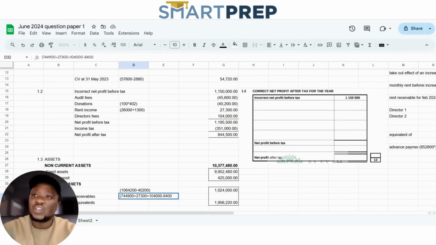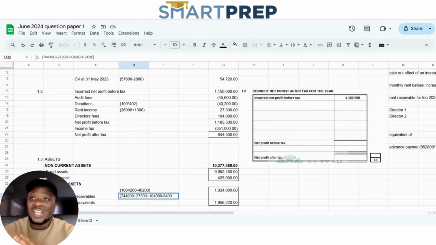So the entries involved here are: debit creditors control. When you debit creditors control, it means your creditors are decreasing. And credit debtors control. Debtors control is decreasing, so you credit it. Creditors control is decreasing, and so you debit it, because remember that with assets, you debit them when they increase and credit them when they decrease.